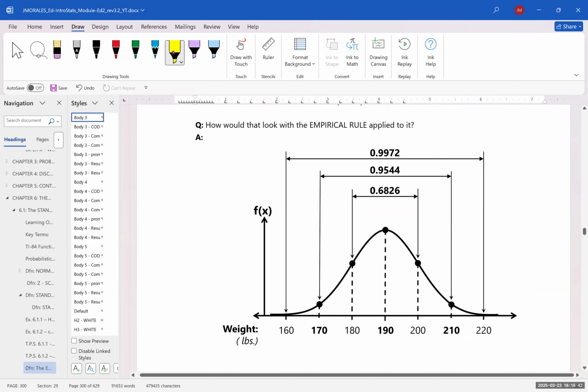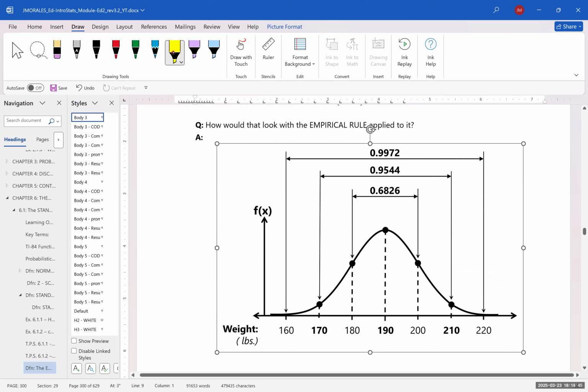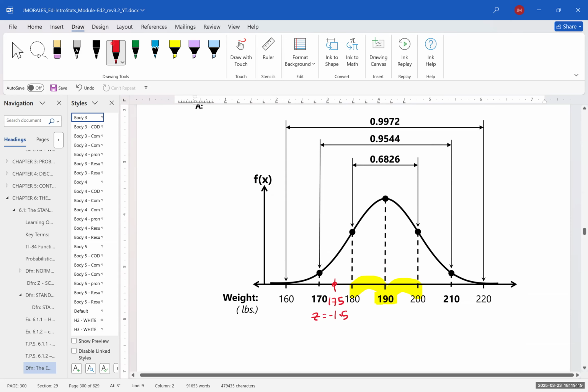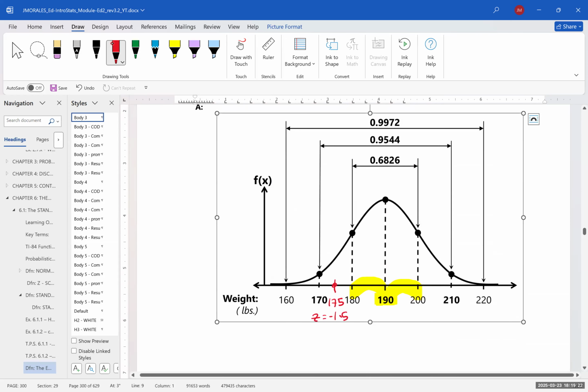So if we go 10 above 190, we get 200. If we go 10 below 190, we get 180. And a weight of 175 was a z-score of negative 1.5. That's where we're sitting with this picture.